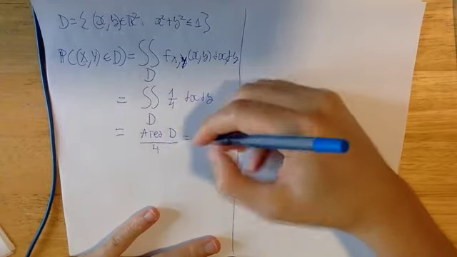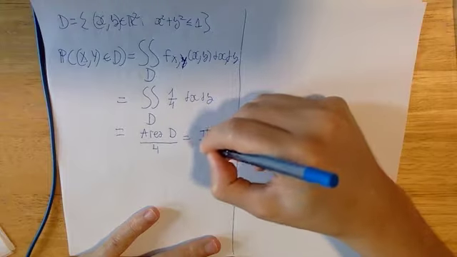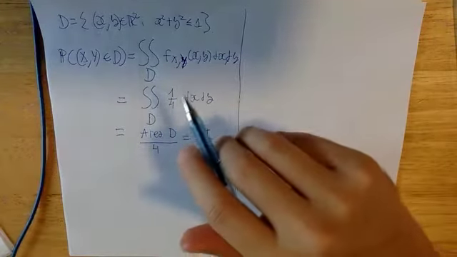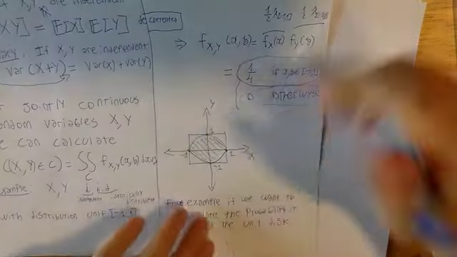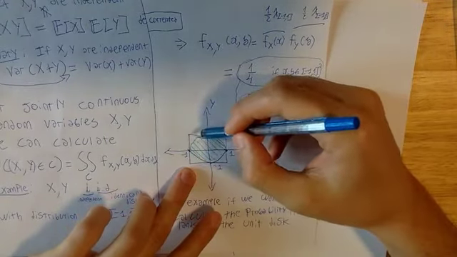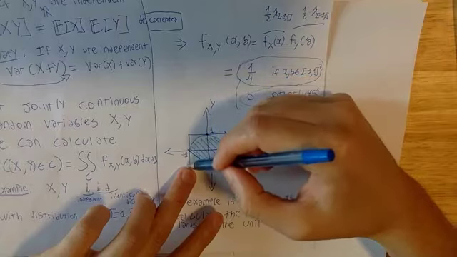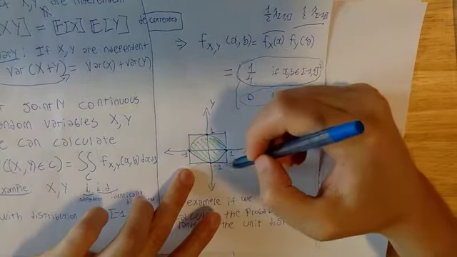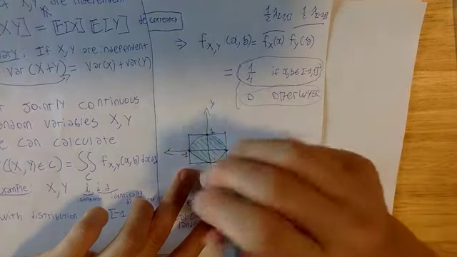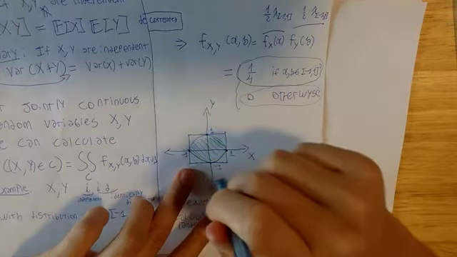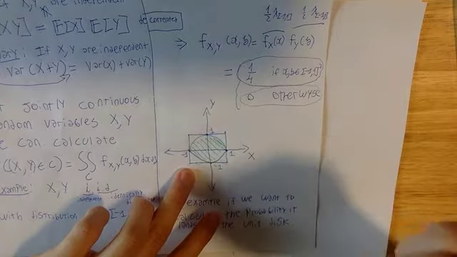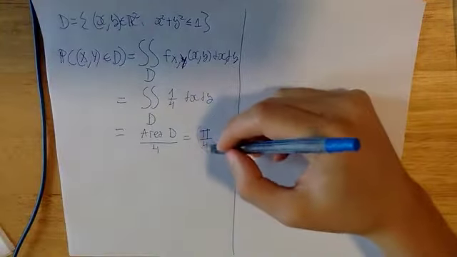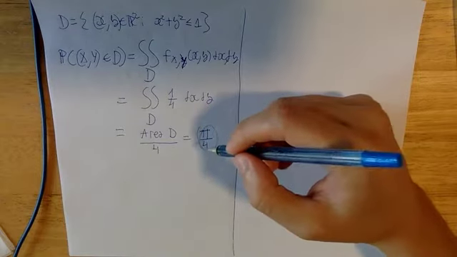Okay, so this is just pi over 4. So let's say you're throwing a dart and you're good enough that you will land in any point in the unit square without really knowing where it can land. The probability that you actually hit your target, which is the unit disk, is going to be pi over 4, which is a number fairly close to 1.